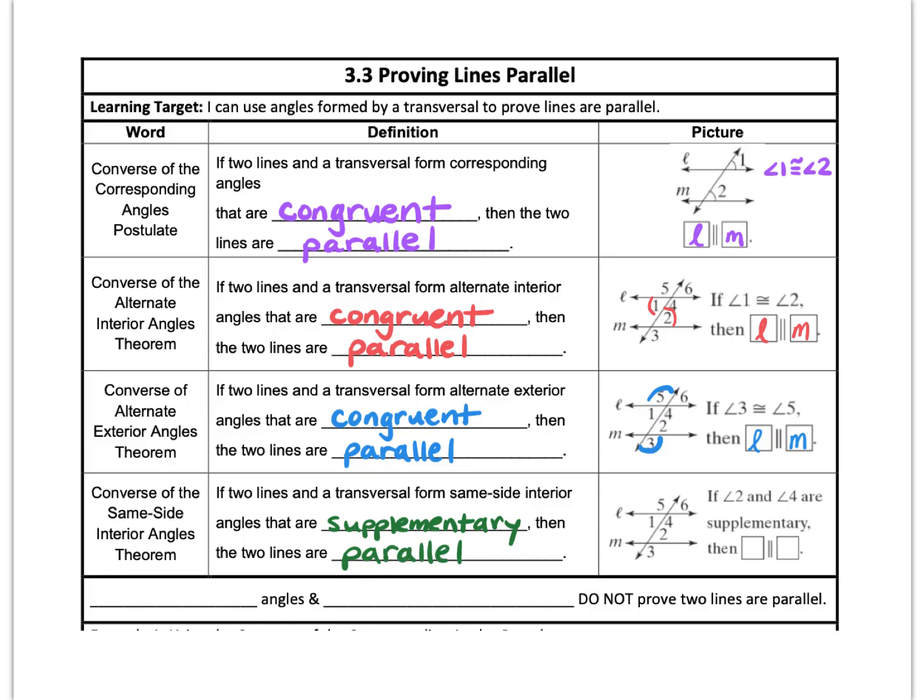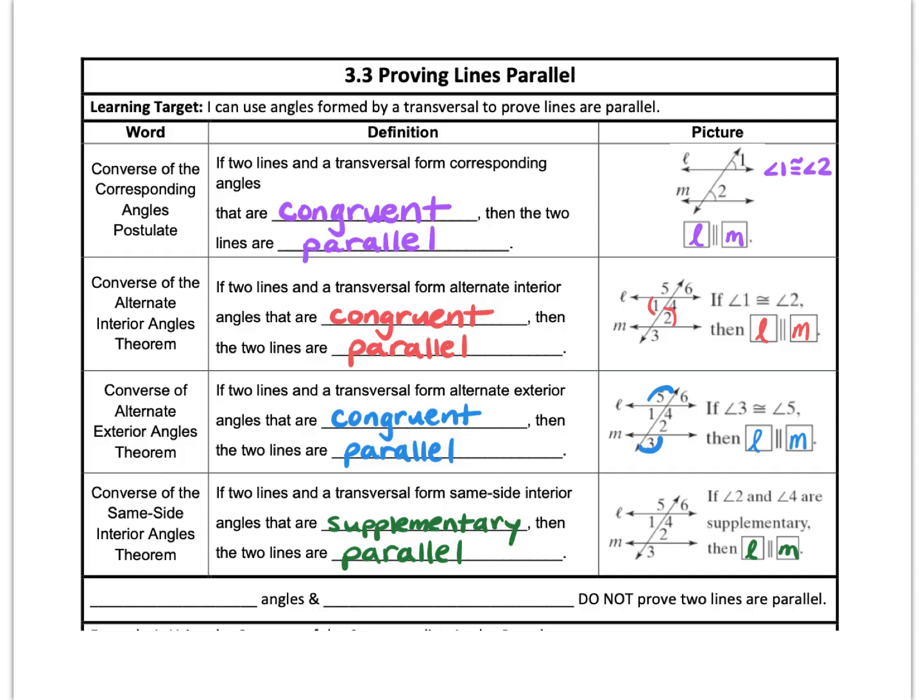So in our picture here, if we knew that angle 2 and angle 4 are supplementary, we would be able to prove by the converse of the same side interior angles theorem that line L must be parallel to line M.